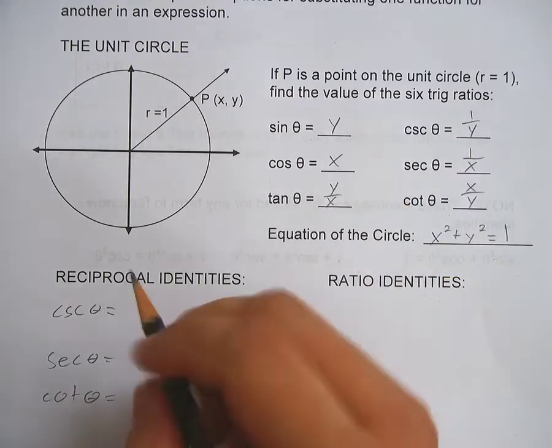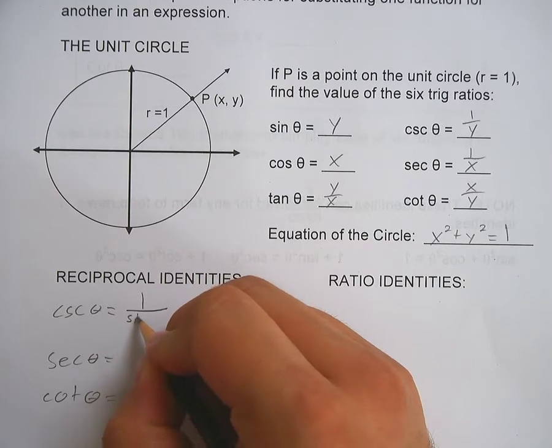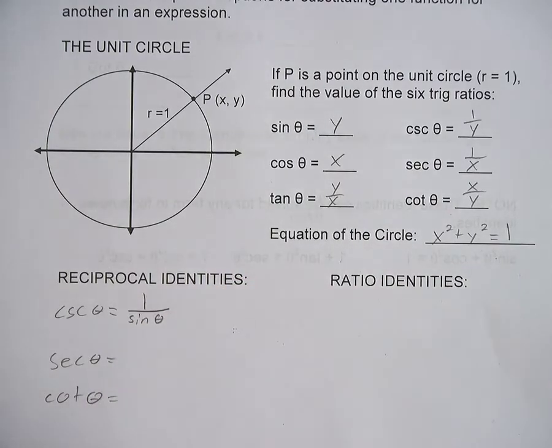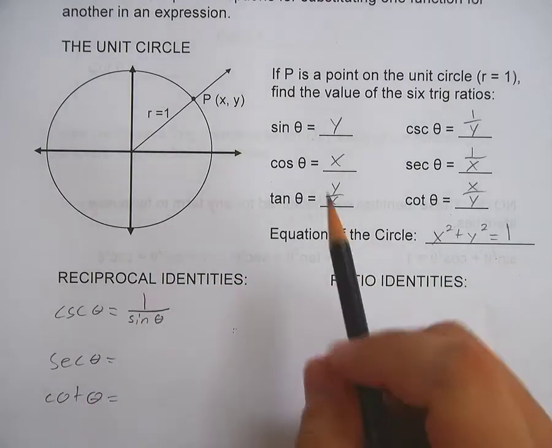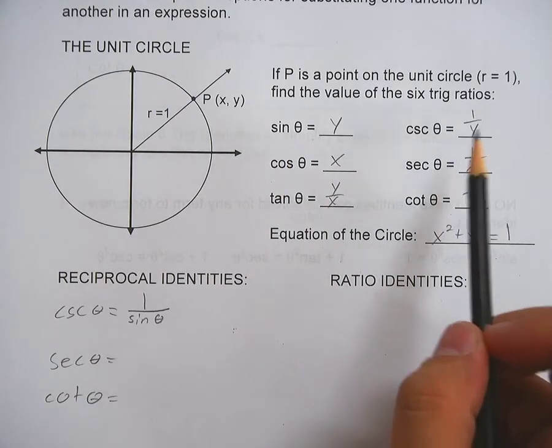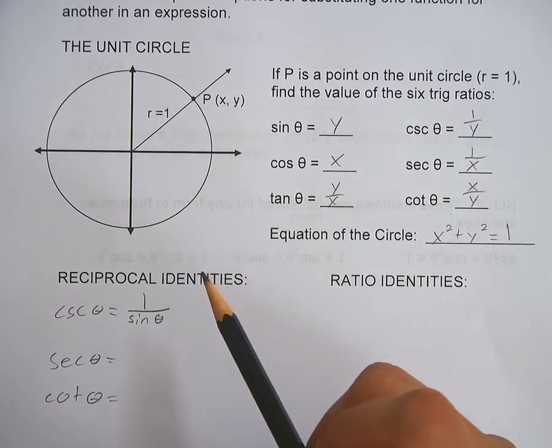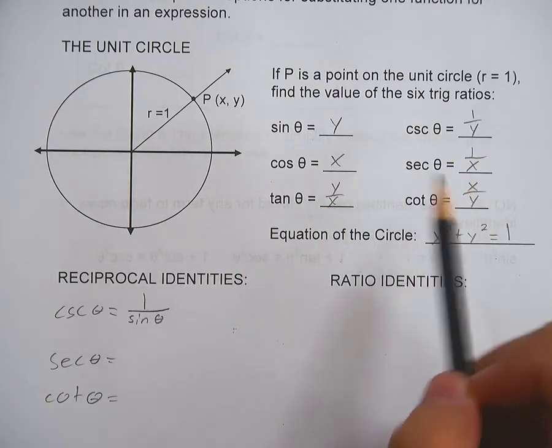So I could call cosecant 1 over sine of theta. If I know that sine of theta is y, and it says 1 over y, well, I can put sine of theta in here then, because that's what y is equal to. Same way for secant, I can do 1 over cosine.